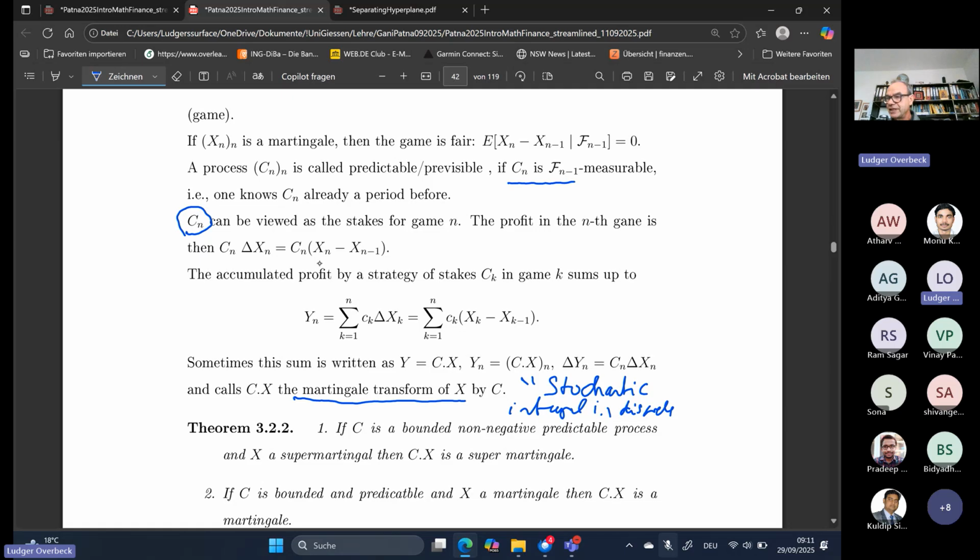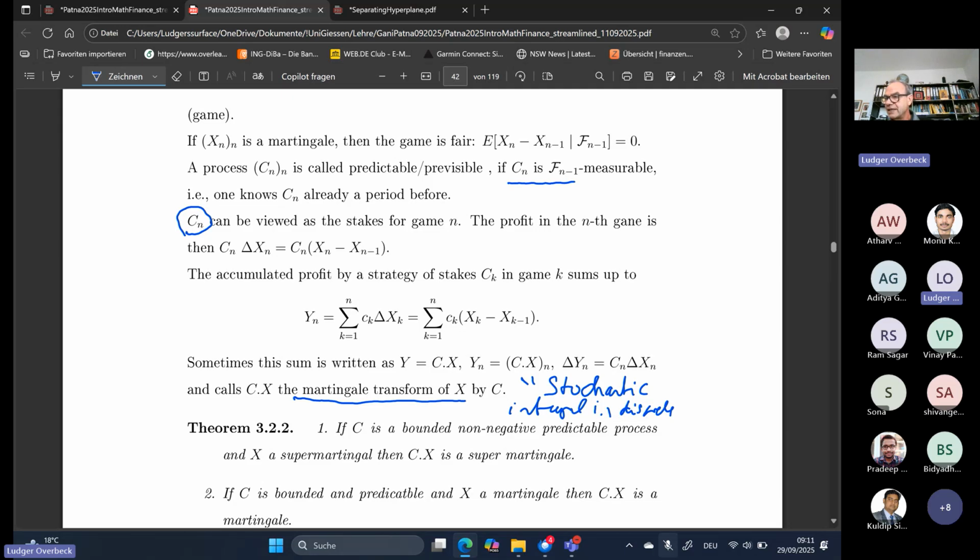So imagine you have decided at time n minus 1 to invest the amount Cn in a stock which costs you Xn minus 1. Then your gain until next time, let's say tomorrow, when today is 0, the value of the portfolio will be Cn times Xn.